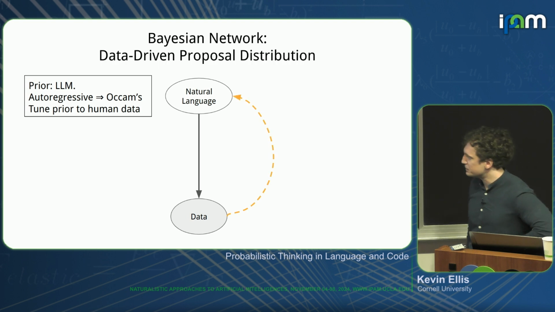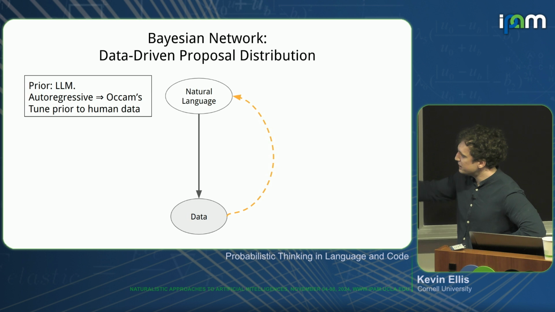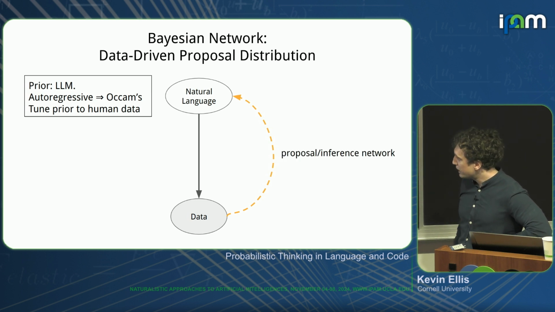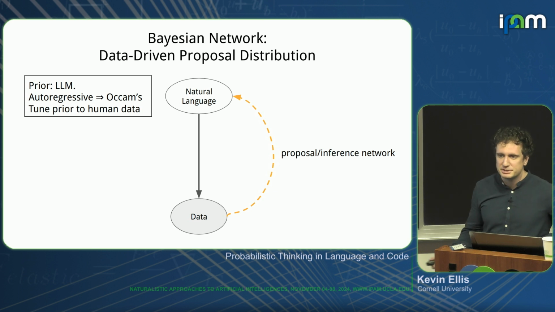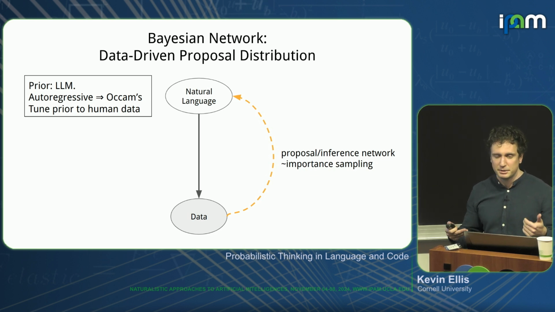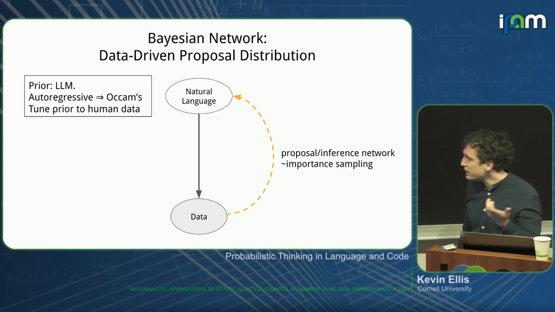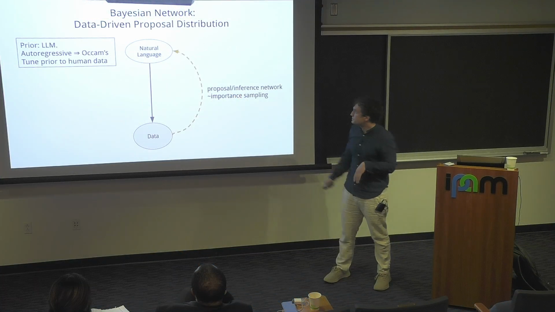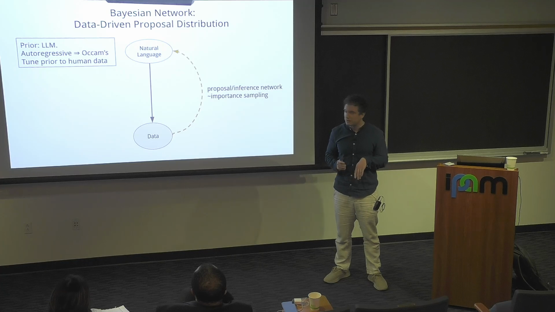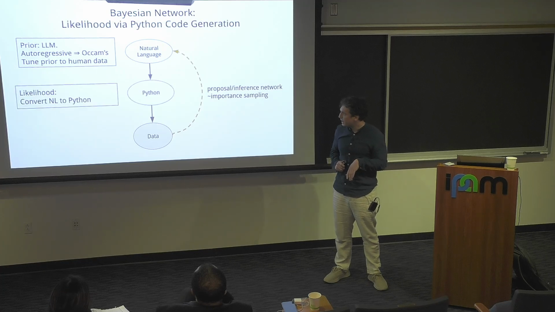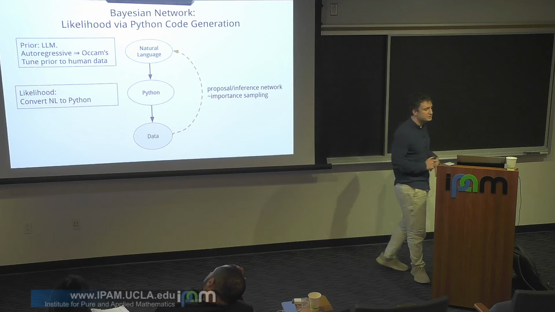And the proposal distribution is something that looks at the data and conjectures probable or plausible hypotheses. This is something called an inference network or proposal distribution. We're going to do something kind of like importance sampling. So we're going to generate multiple hypotheses and then reweigh them. And that reweighing needs to somehow look at each sample and say, does it fit the data? And for that, we need this likelihood. And for now, we're going to convert our natural language to Python.